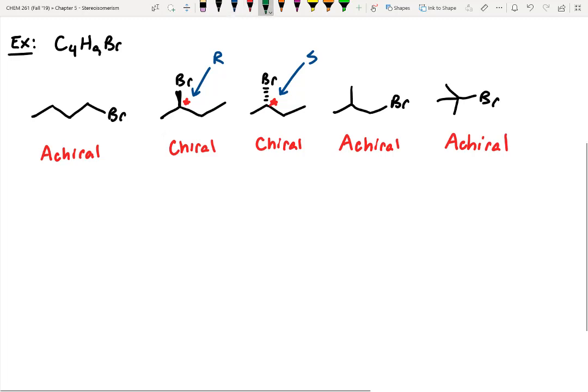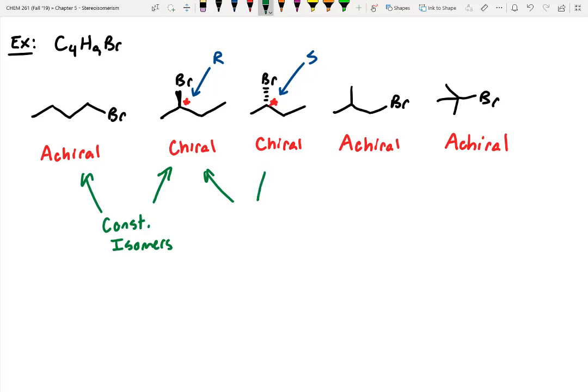Now we need to determine relationships. What's the relationship between these? Constitutional isomers. What's the relationship between these? Enantiomers, absolutely.